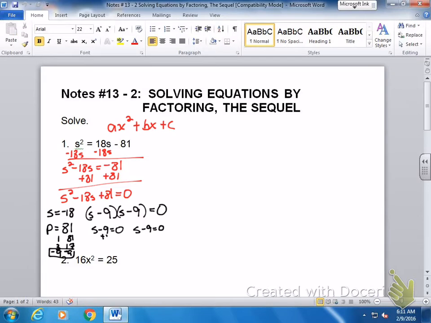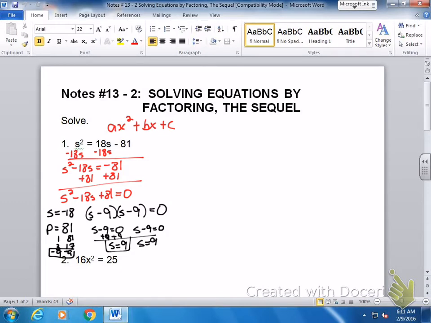So if I add 9 to both sides, I get that s equals positive 9. And the other one would be exactly the same thing. So our answer is just 9. So that can happen. This would be like one of those, when we were doing the area of square kind of problems where we got the same thing for both of our factors.